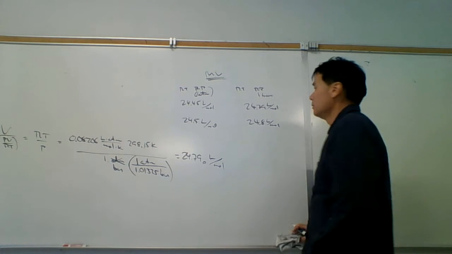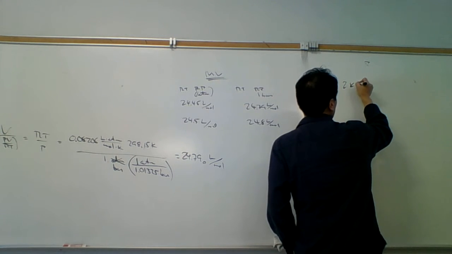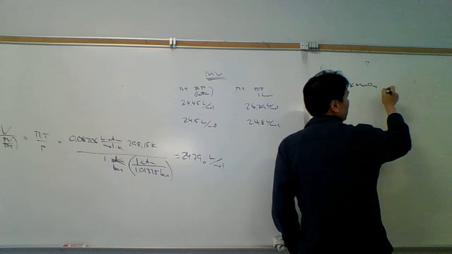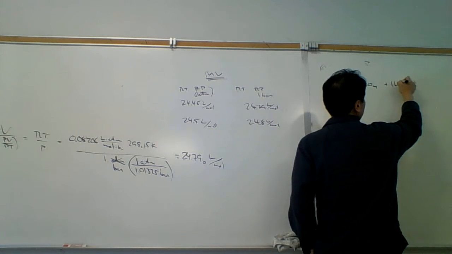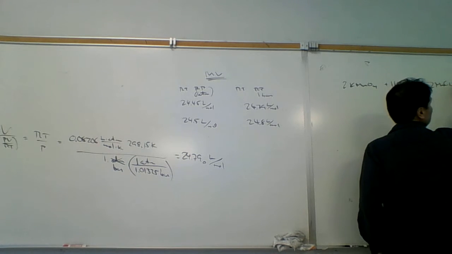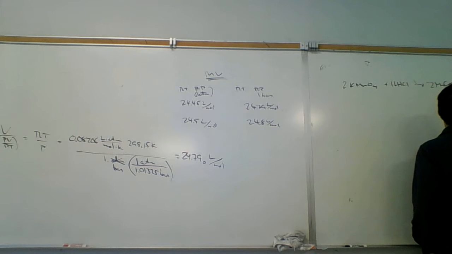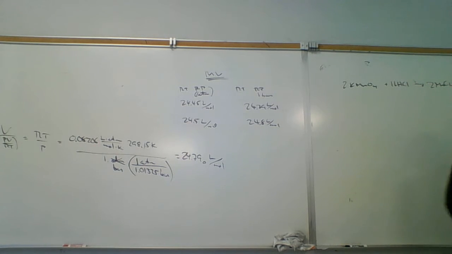All right, and so I'm doing this particular equation for the generation of chlorine. So 2 potassium permanganate plus 16 HCl yields 2 manganese chloride, 2 KCl, plus 5 chlorine, plus 8 H2O. This is wrong.